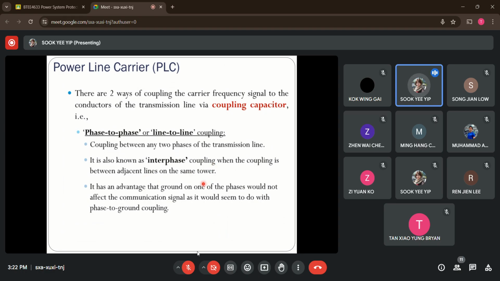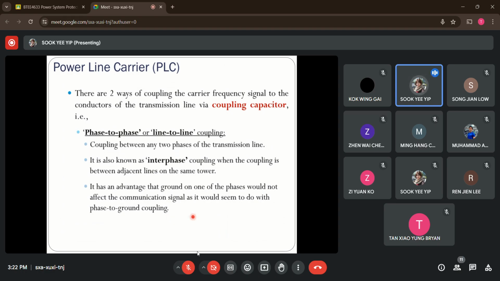So what is the advantage of using line-to-line coupling? As the ground of the line is not being used, any event that happens on the ground path, like a short circuit to ground, will not affect the communication signal. So we will not have the signal loss that we can see with phase to ground coupling.